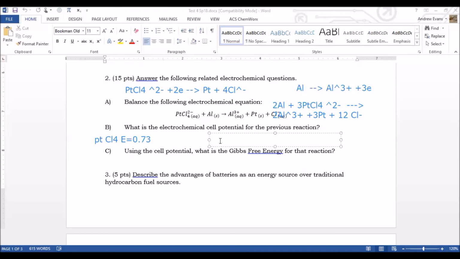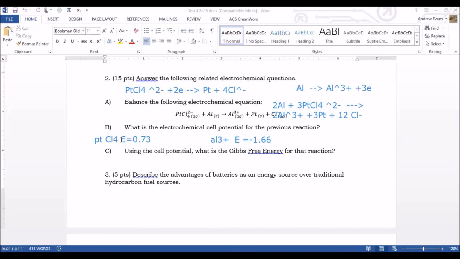Now, the aluminum, we have aluminum 3 plus, E is equal to, I'll find what it is. Aluminum 3 plus is -1.66. You notice this one, platinum chloride, we have platinum chloride on the left, and this one has platinum chloride, would be a reagent.